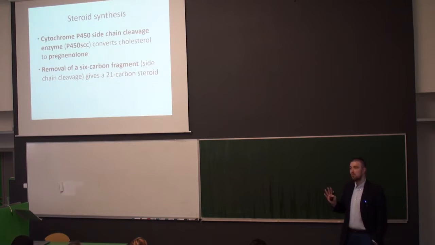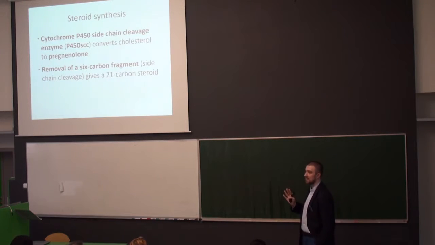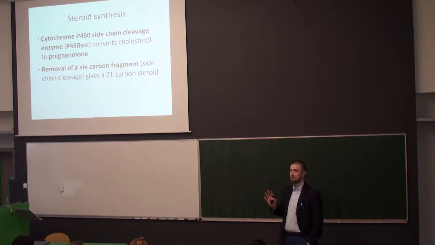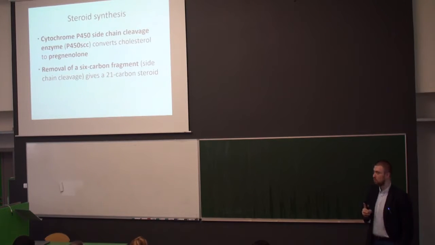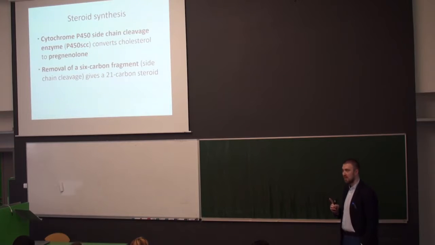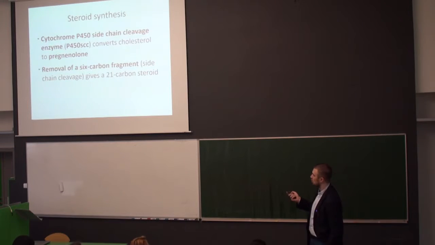All of you must know how many carbon atoms has cholesterol. So how many? 27. If you take 27 minus 6, it will be 21. And therefore, in this first step, you will convert 27 carbon atom molecule of cholesterol to 21 carbon atom steroid that we will call pregnenolone.